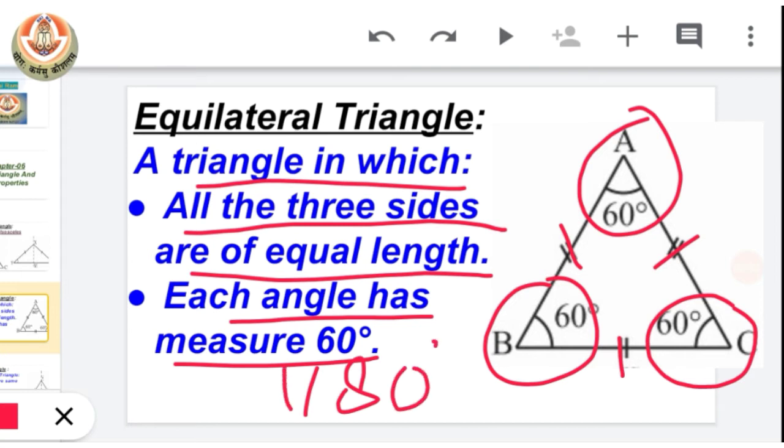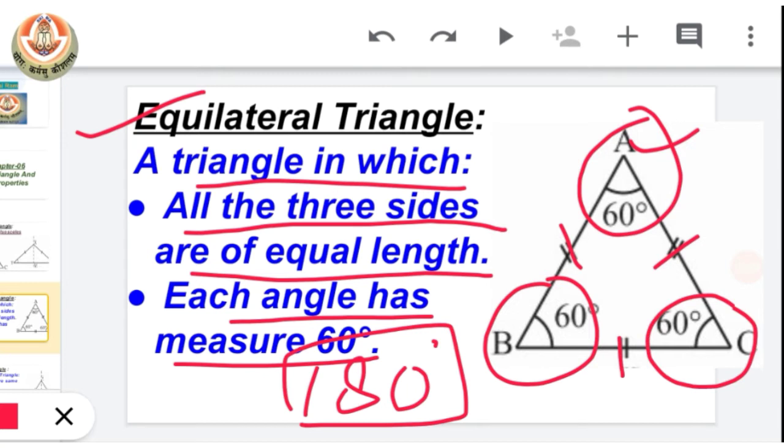And we know that in the case of an equilateral triangle, all the three angles are of equal measure.